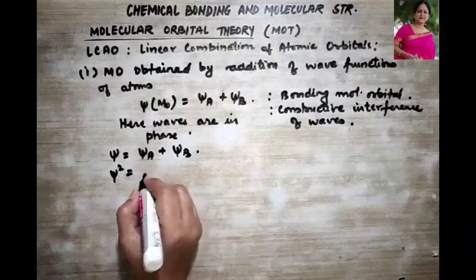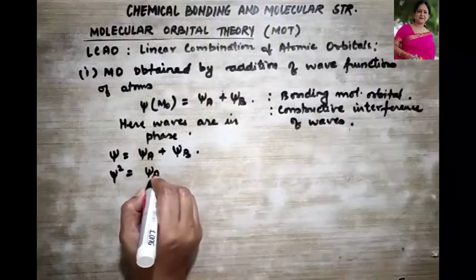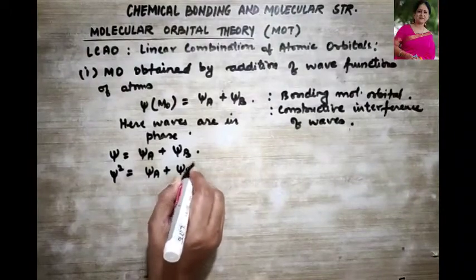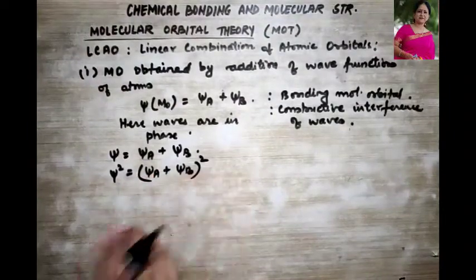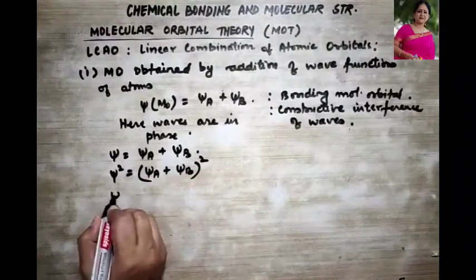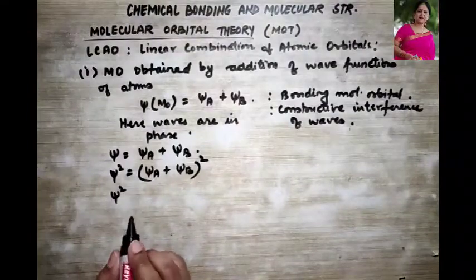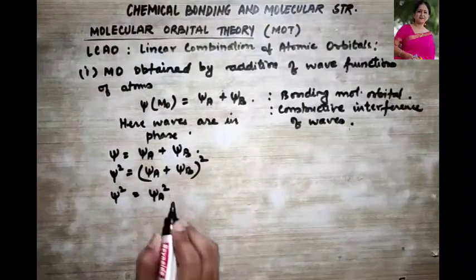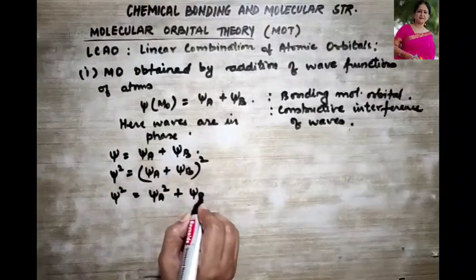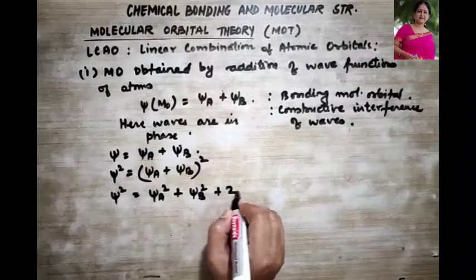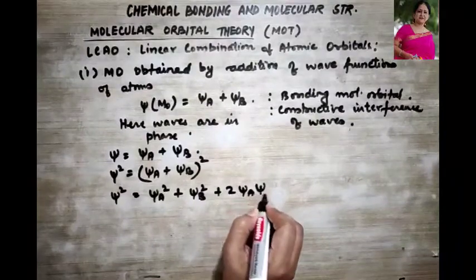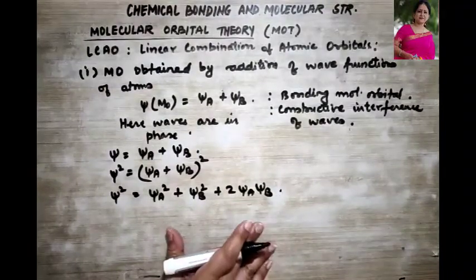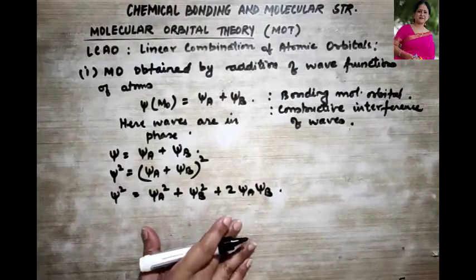So this will be equal to (psi A plus psi B) squared, which equals wave function A squared plus wave function B squared plus 2 wave function A, wave function B.